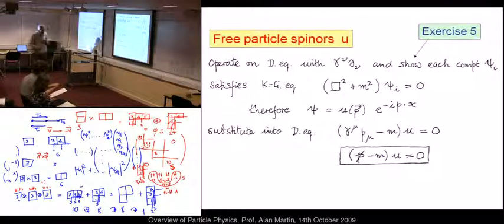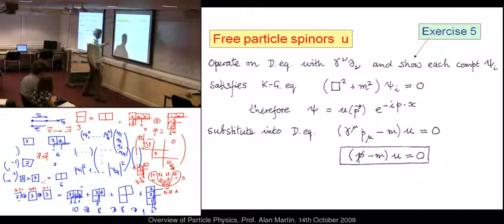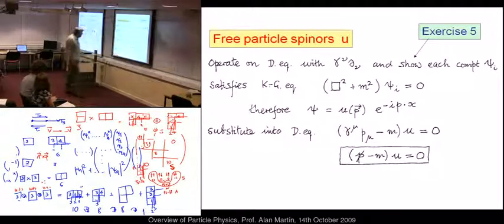What do we do next? Free particle spinors. We take this Dirac equation and operate on it with this operation here. You can almost see straight away that if I do that, I will get this equation, because you know that d mu d mu is the box squared.